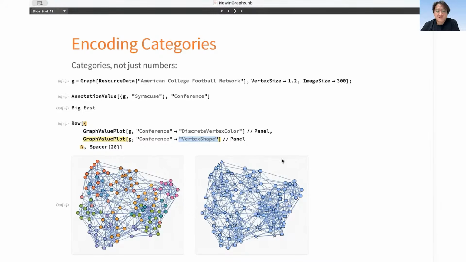So that is the full range I designed for: numbers or categories, vertices or edges, built-in measures or your own data. So now let me switch from measuring graphs to building them.